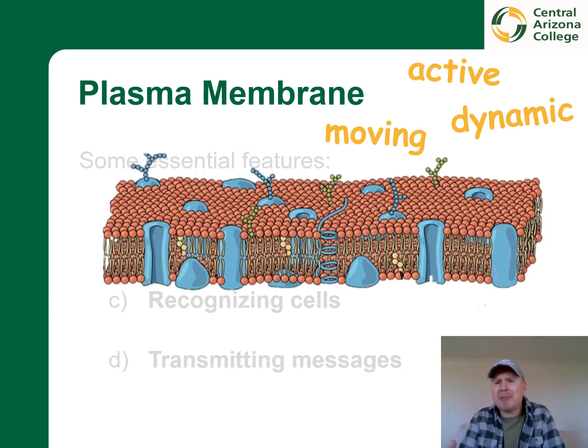So diagrams like this that you often see are misleading in the sense that the plasma membrane is not at all stationary or still, like these may lead you to think. Instead, they are very dynamic and changing, with parts within it moving and changing locations and various materials passing through, while other materials are not able to pass through.